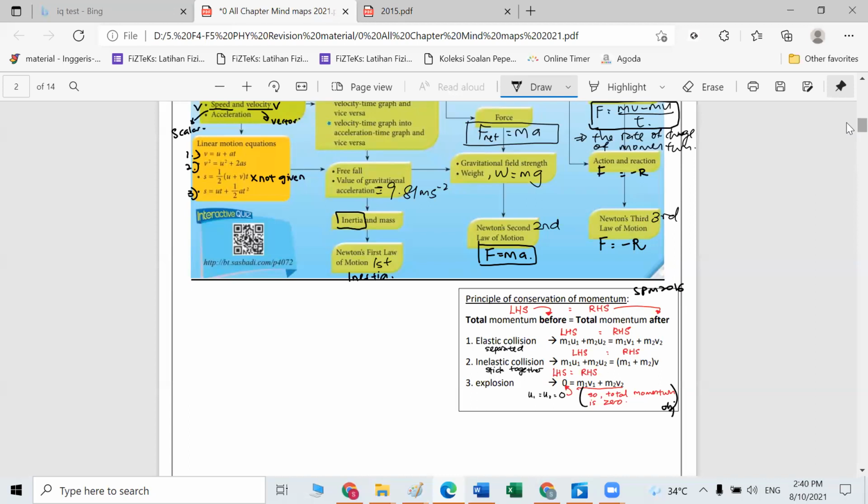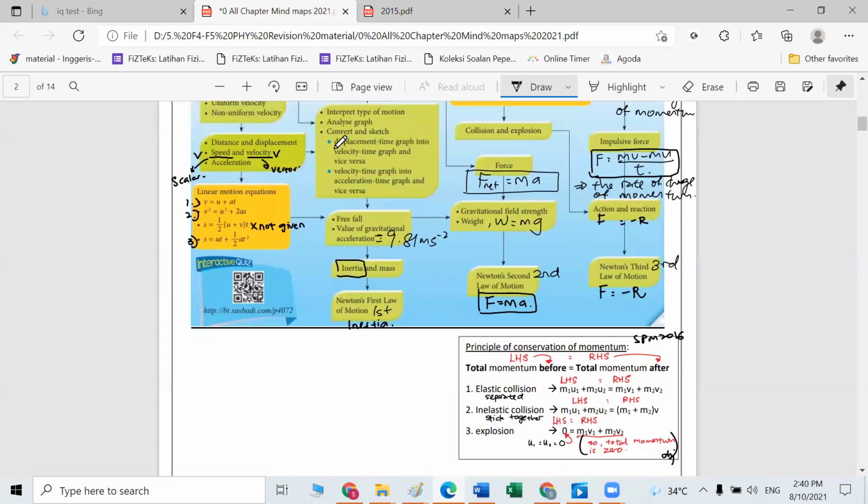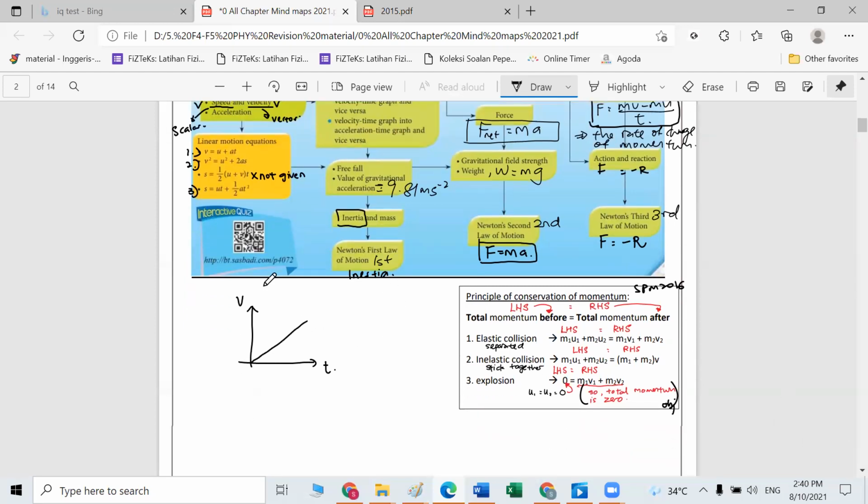Okay, so now the displacement time graph, velocity time graph. Okay, look at velocity time graph first. From this graph, how can I find displacement?